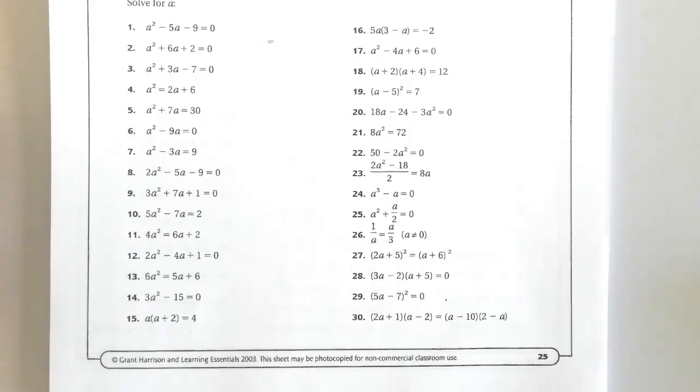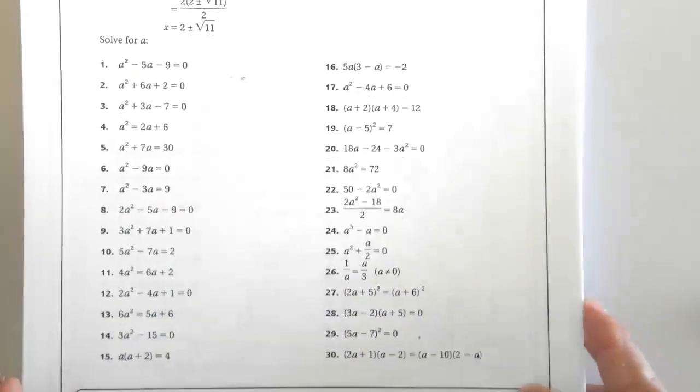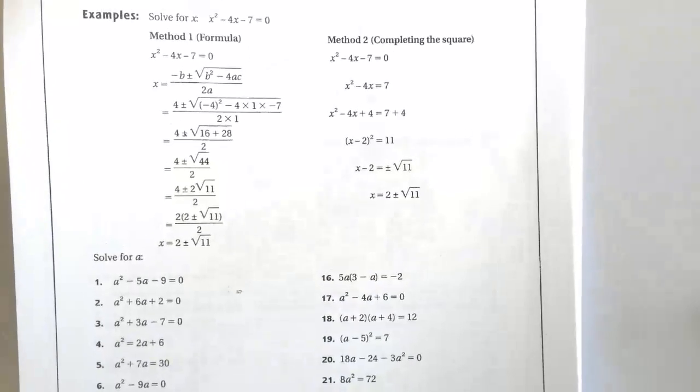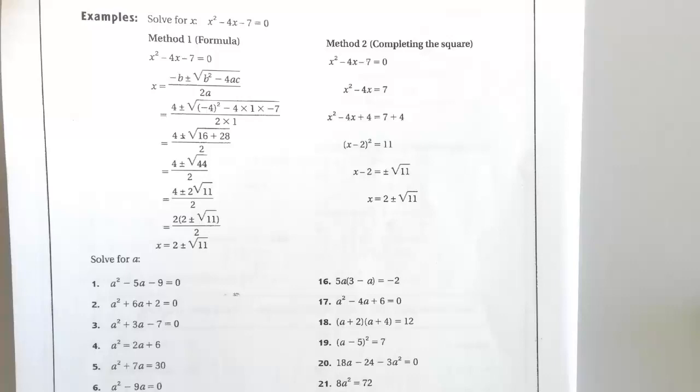Now in this booklet, they show you this example, and then here they show you the solution using the formula. You have the formula, and here they show you completing the square. Now, can you see that?